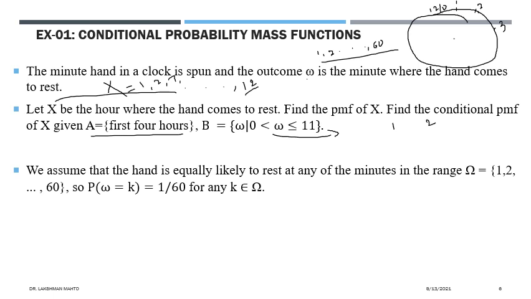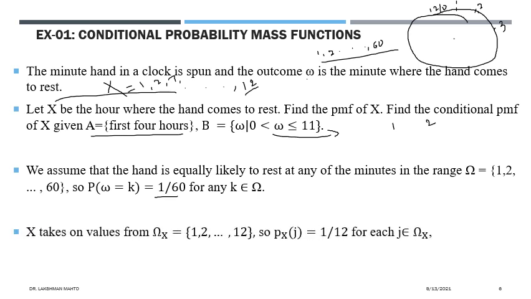As I told, the hand is equally likely to rest at any of the minutes. That's why the sample space would contain 60 outcomes. Each outcome has probability 1 by 60 due to this equally likely situation. So it is all about the story of the outcome.